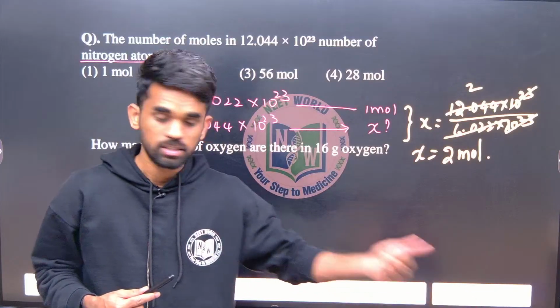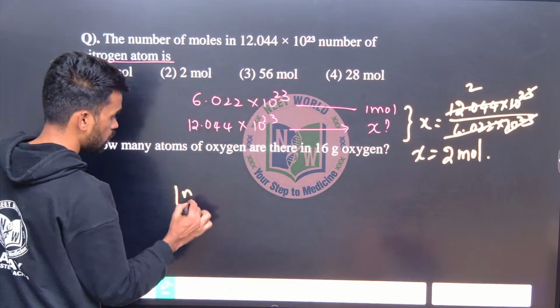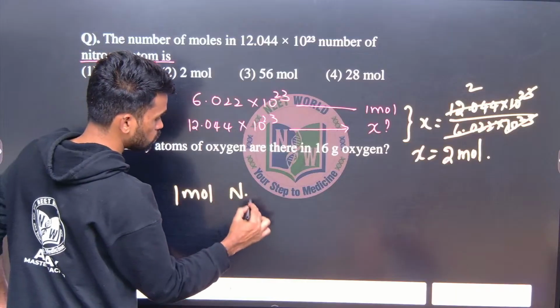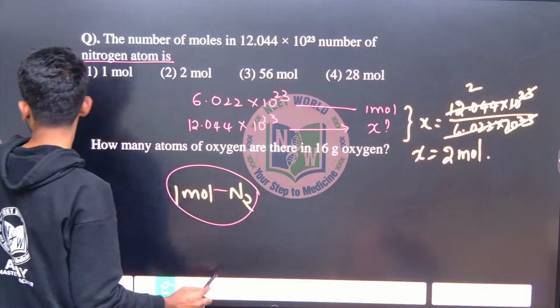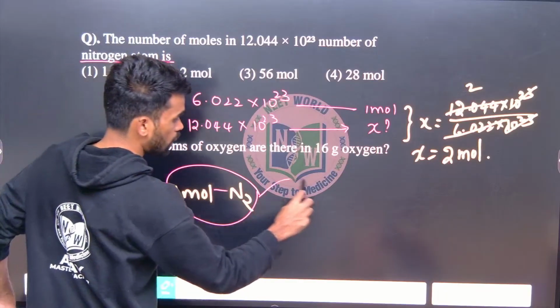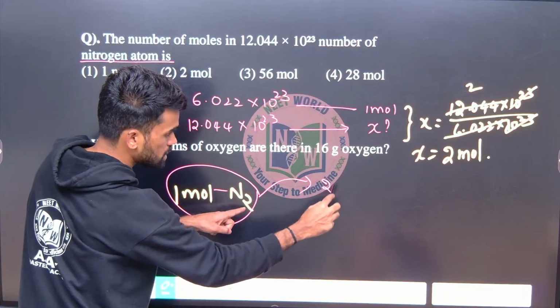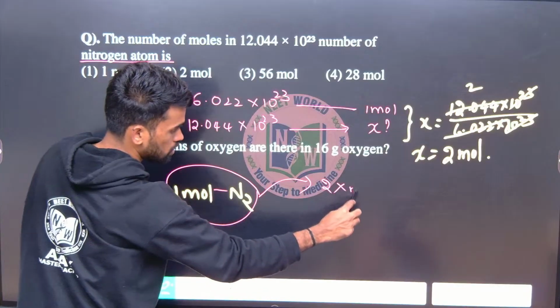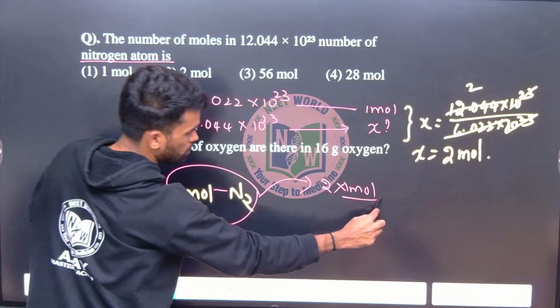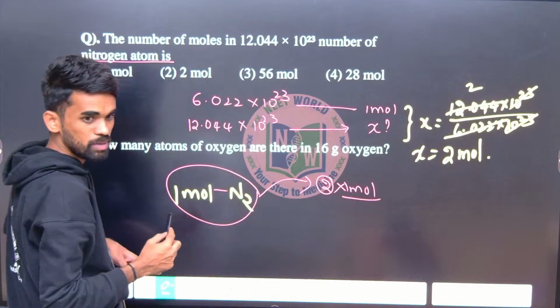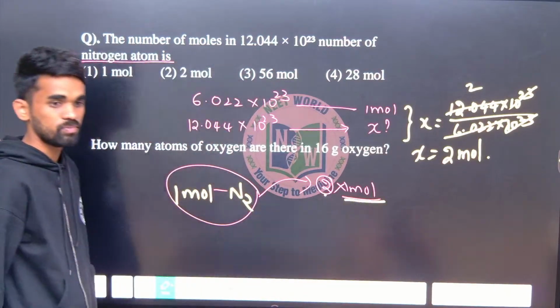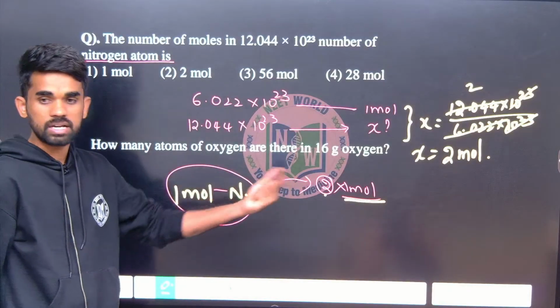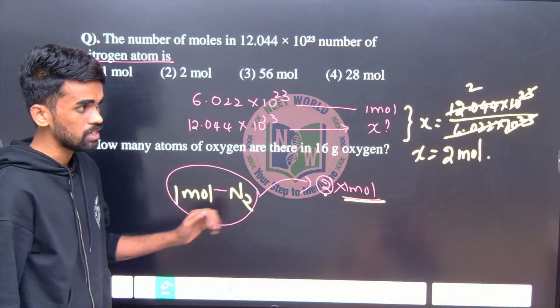Is that clear? In 1 mole of N2, you have 1 mole of molecules, so 2 is the atomicity, into the number of moles given. So atomicity into number of moles gives you how many moles of atoms are there in the given species. Is this clear?